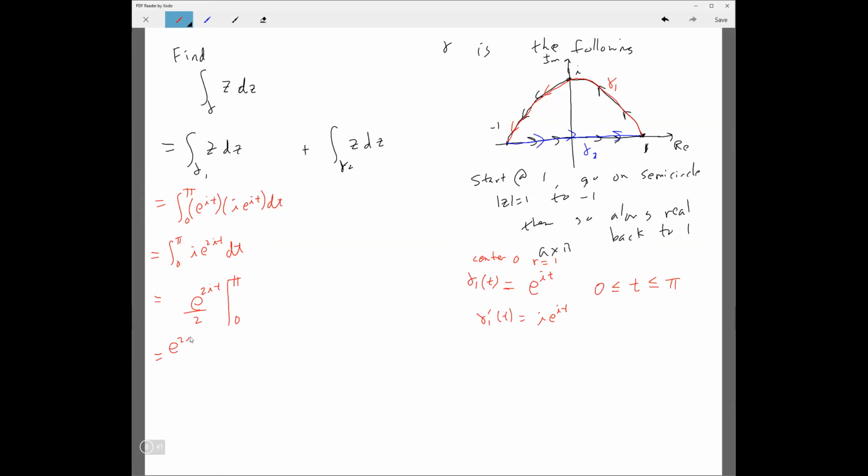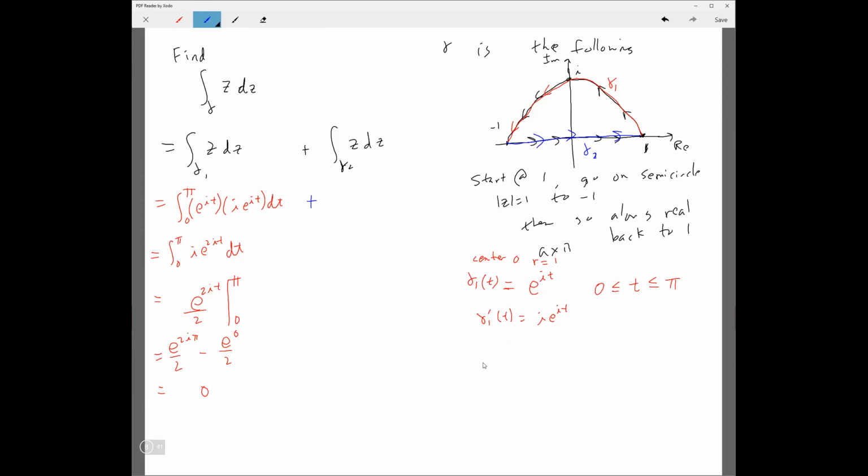So we get e to the 2i pi over 2 minus e to the 0 over 2. Whoa, this is unexpected. I didn't expect that to happen. Oh yeah, so that's 0, okay? But now let's check out what this one is here. We still have to add the other one to it.